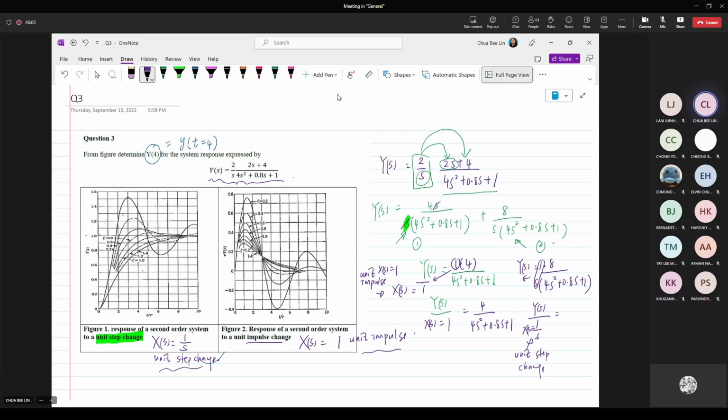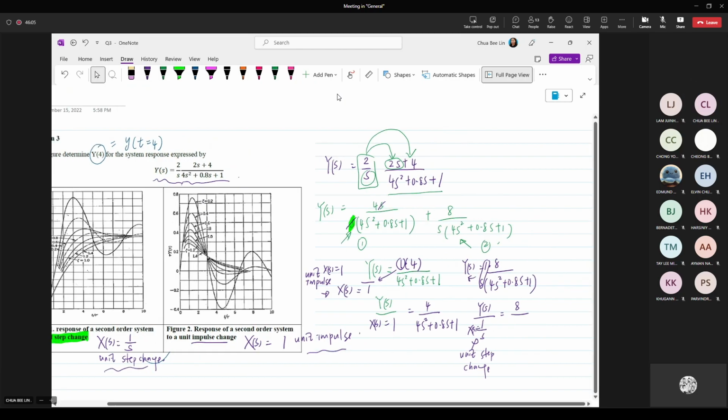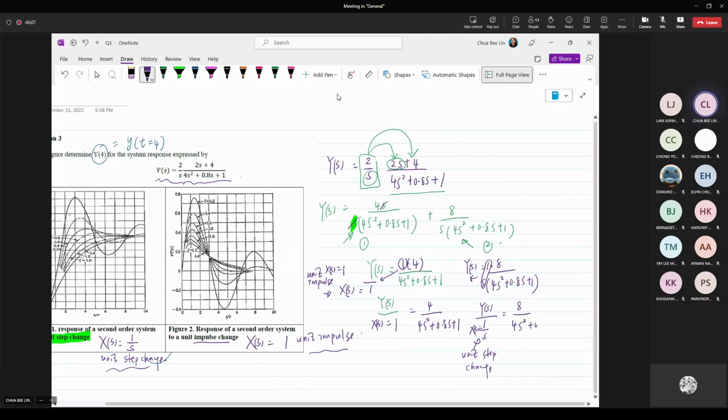Then left with 8 over 4s squared plus 0.8s plus 1. I move this so that it goes here, becomes X(s) equal to 1, which is unit impulse, because X(s) equal to 1 is unit impulse.